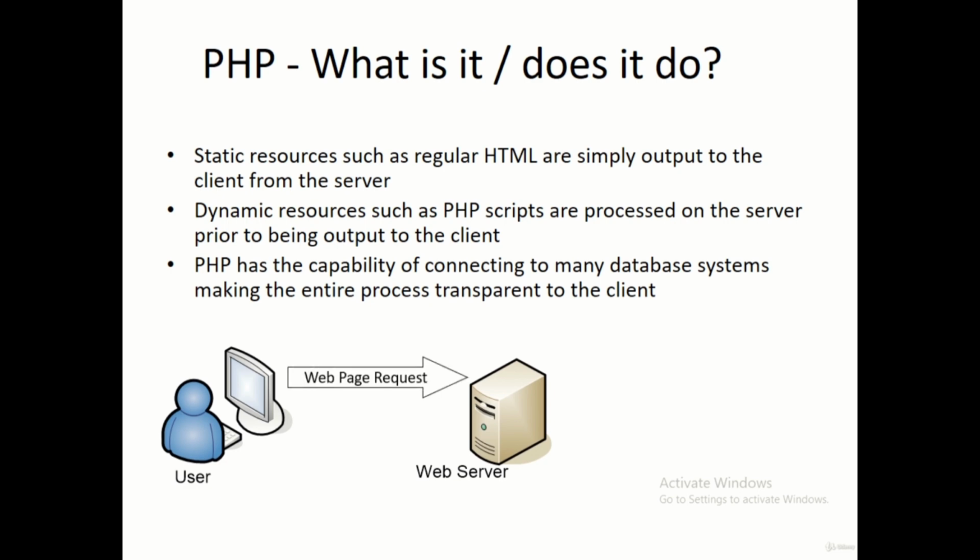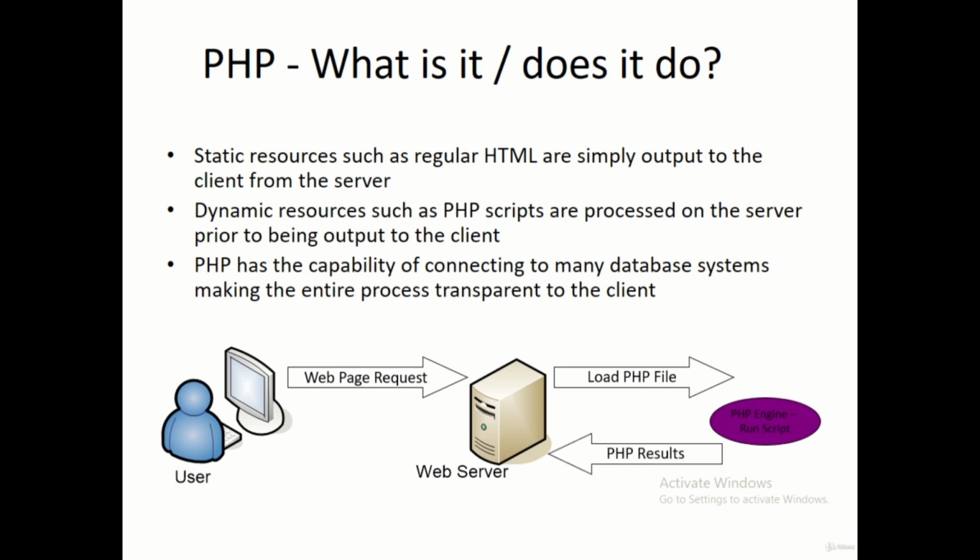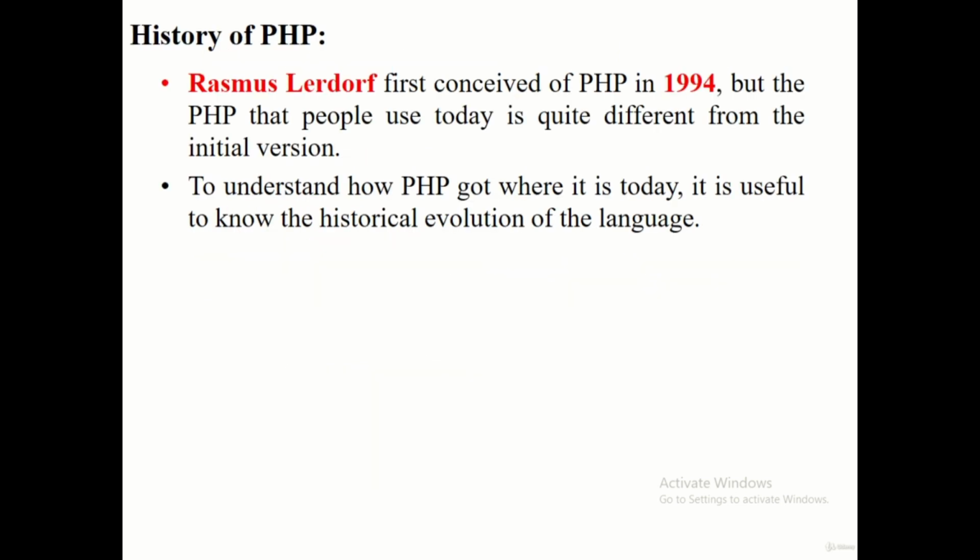The user makes the request and receives a response from the web server. On the other end, a PHP engine is available. The request is sent, the PHP file is loaded in the PHP engine, the PHP result is returned to the server, and the server responds to the user.